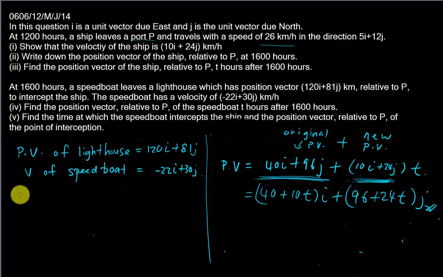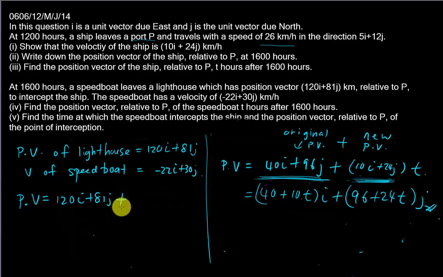In order to get a position vector, we have to write down the original position vector first. At the lighthouse itself, it will be 120i plus 81j. This is the original position vector plus the new position vector. To get the new position vector, we always use velocity multiplied by time.